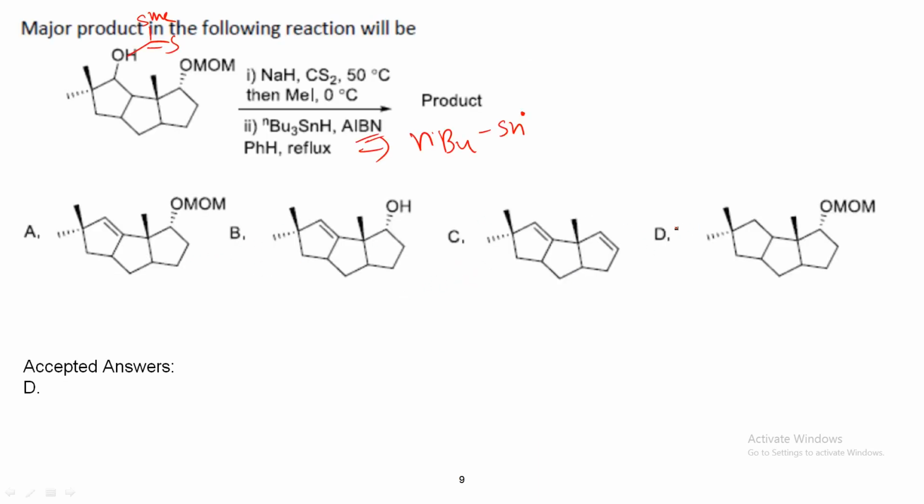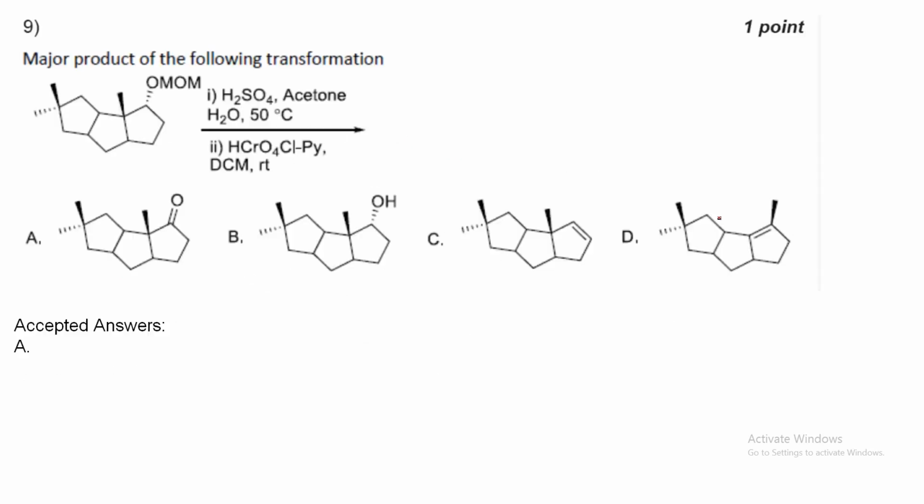So that's how the compound would be D, because you just make OH to H. So that kind of reduction.